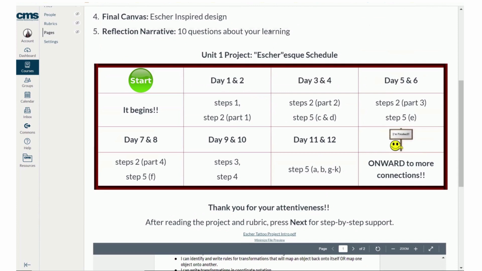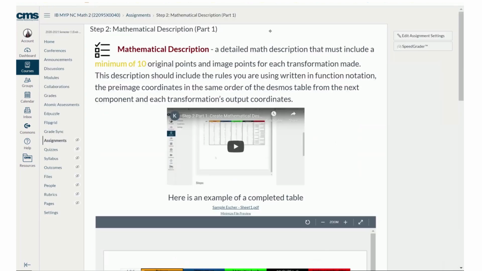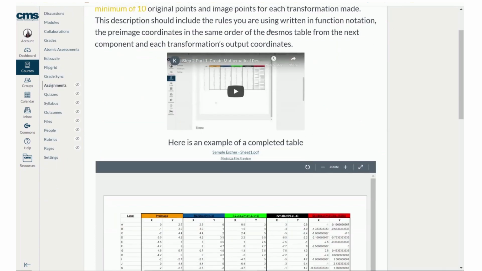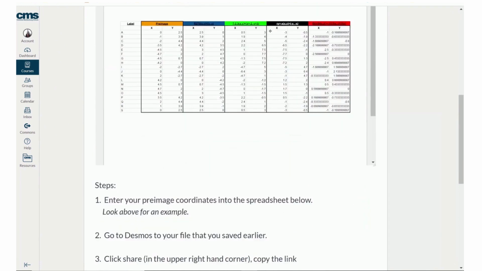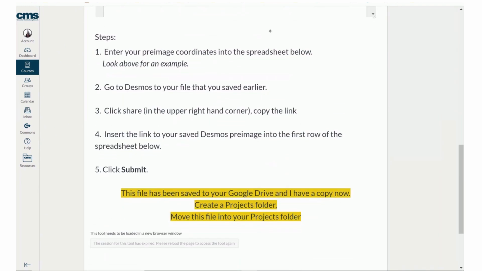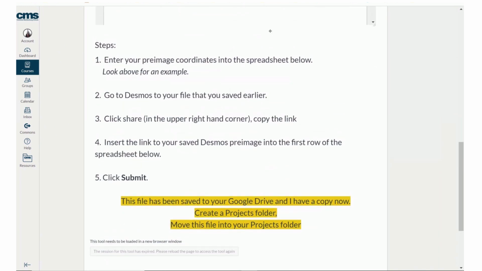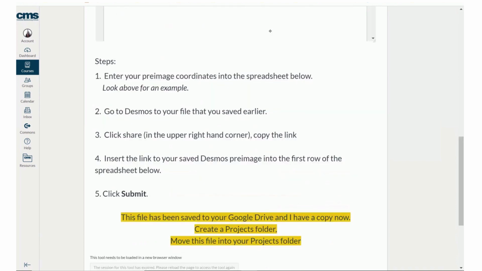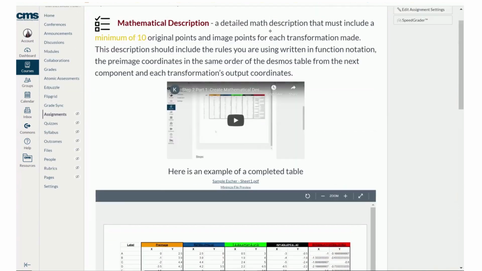We are on step 2, part 2, and we're going to be completing step 5, C and D of our process. So let me tell you what you've done in order to get to this point. In the process of getting to this point, you have already completed this step here, which is step 2, part 1.